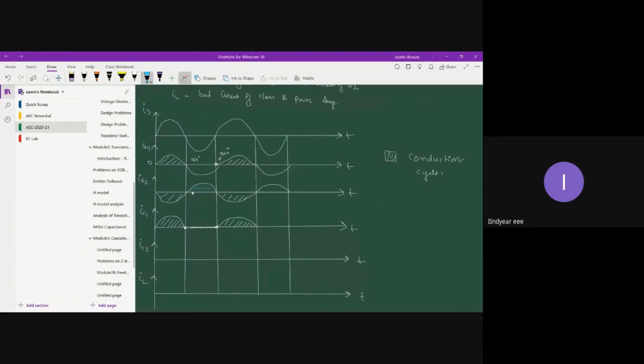That is because the input transformer you have used provides a phase inverted output. So transistor Q2 stays off for 0 to 180 degree duration, because for that duration the base current is negative going. Whenever the base current is negative going, the NPN transistor stays in off mode.